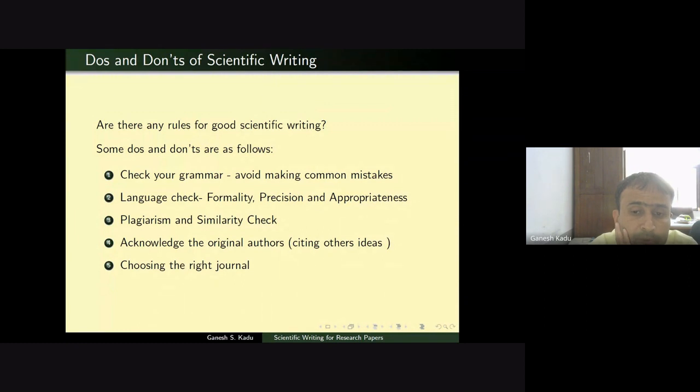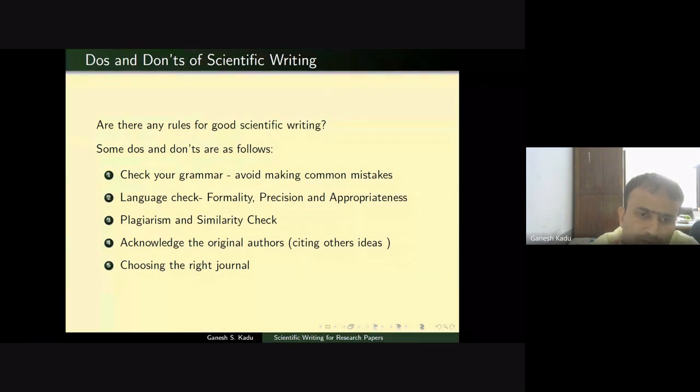Suppose you're using some result and you are not mentioning the name of the person who proposed that result. Then it can very much be called plagiarism. So you must acknowledge the original authors and their contributions.